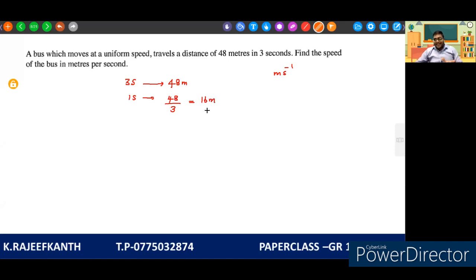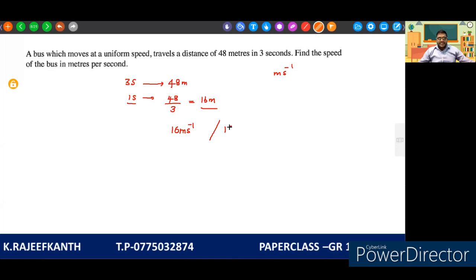But you can't write it in this way. You have to write the final answer. Here they are asking the speed, so you have to write the speed in meter per second. The bus can travel 16 meters in 1 second, so we write the speed as 16 meter per second.